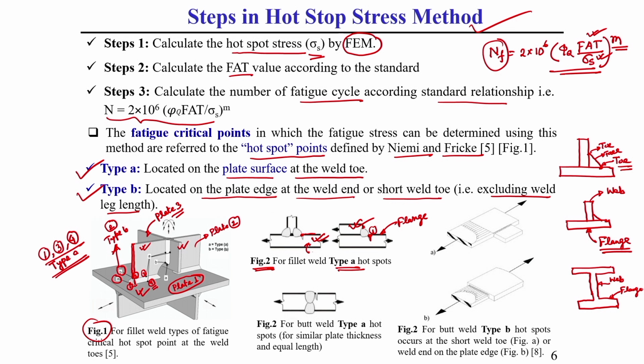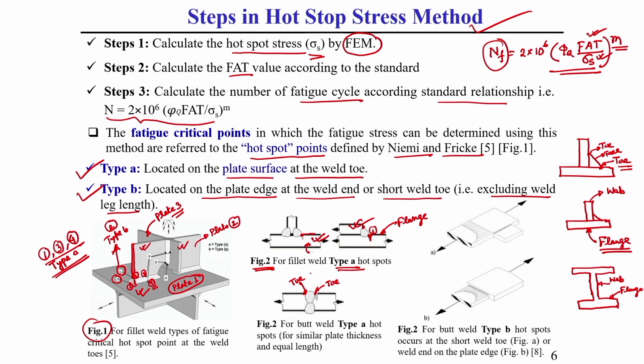Now for butt joints also you should know what is type A hot spot stress. You see, this is the butt weld toe point, and this is another toe point.